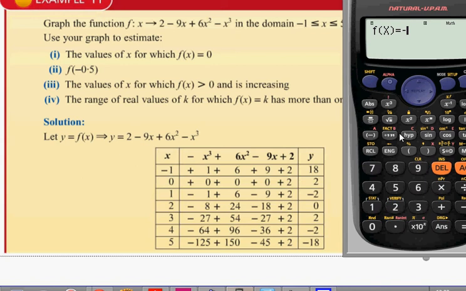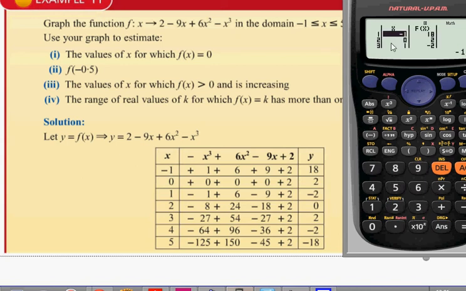So what we're going to get is minus x cubed plus 6x squared minus 9x plus 2. Okay, guys? Starts at -1, ends at 5.